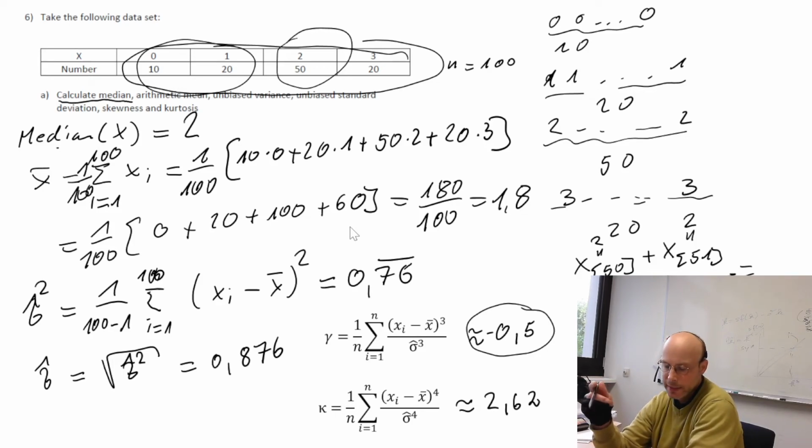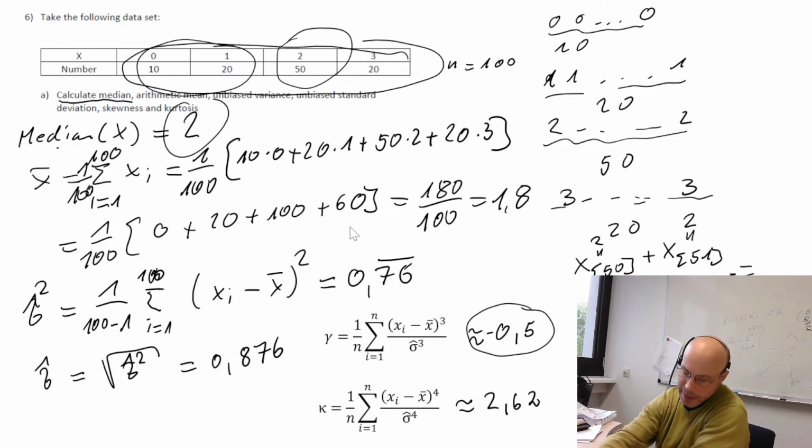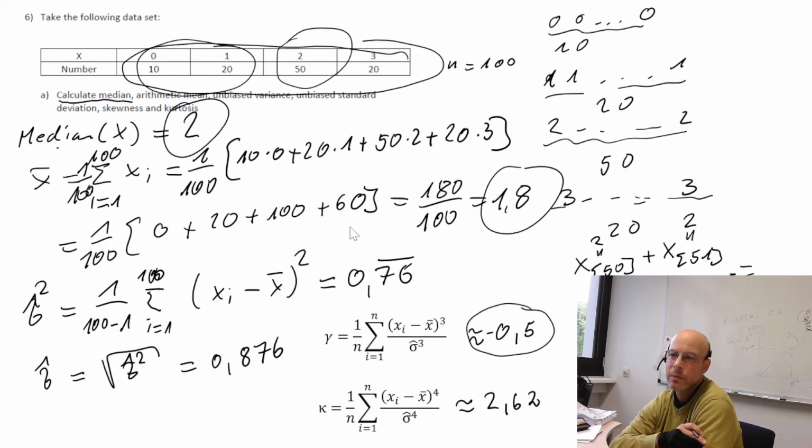This also we see by the case that the median is 2 and the arithmetic mean is 1.8. And if the median is right of the arithmetic mean, then all our sample moves a bit to the right.